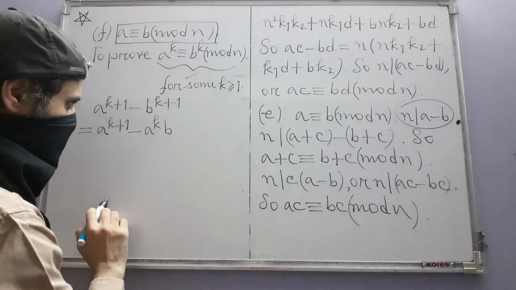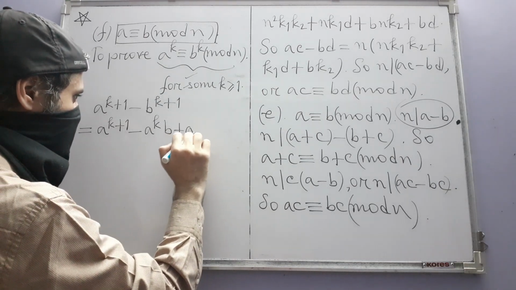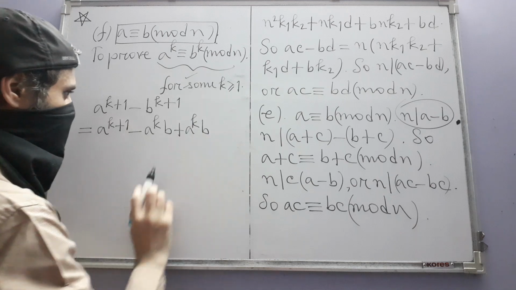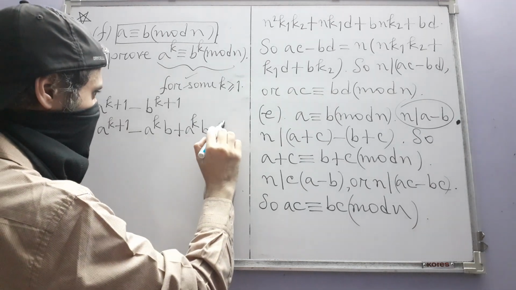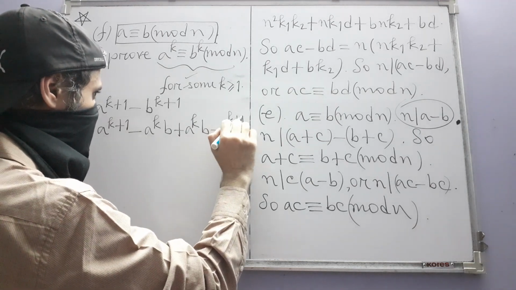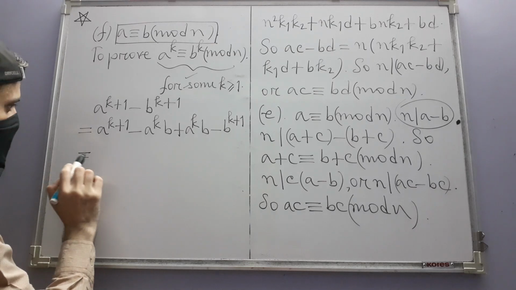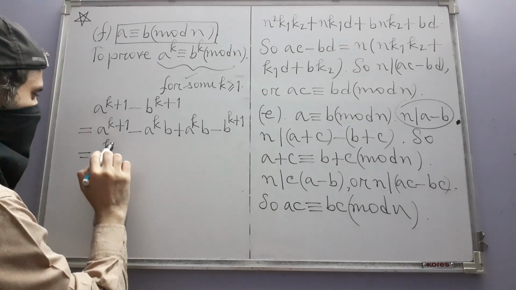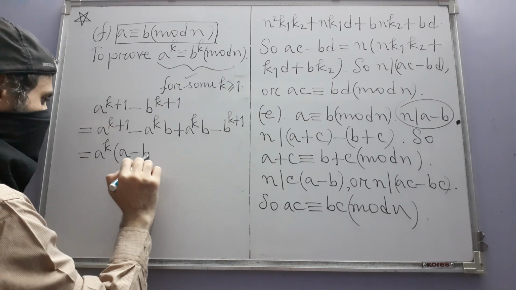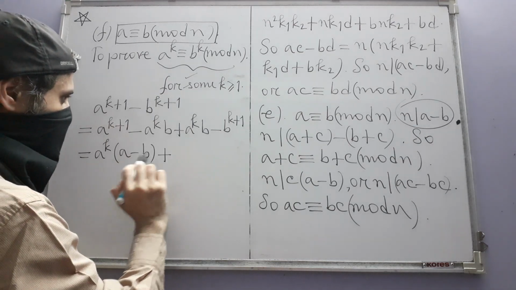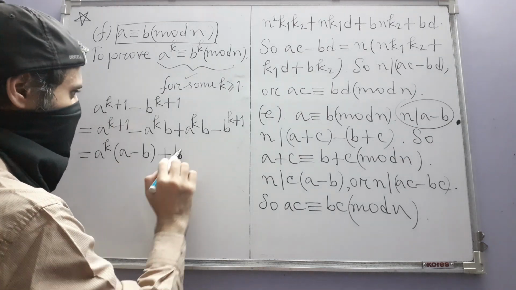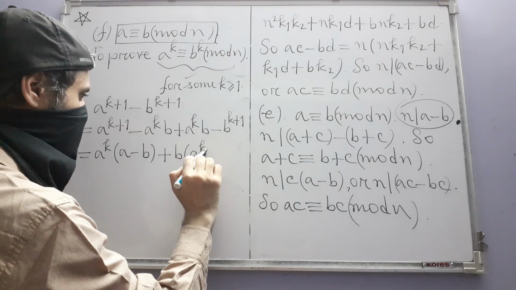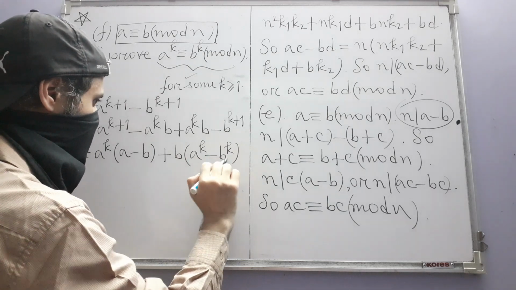We subtract a to the power k b, but to balance it out, we also add it, minus b to the power k plus 1. Now, if we take a to the power k common out from the first two terms, we then get a minus b. And here we can take b common out. Okay.